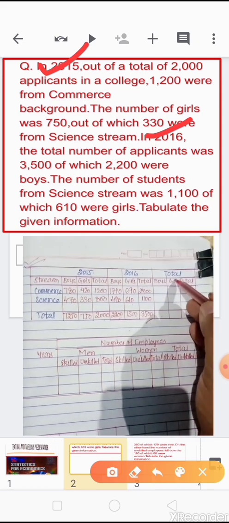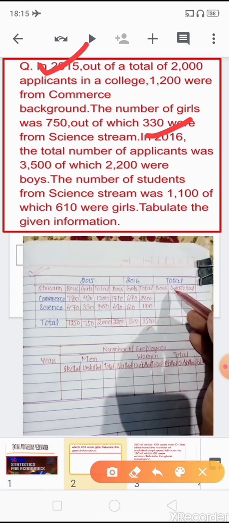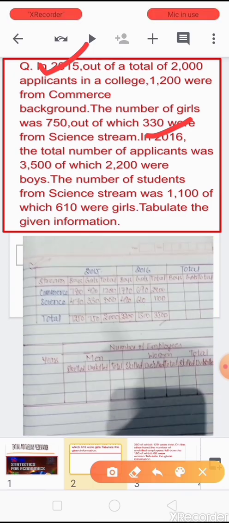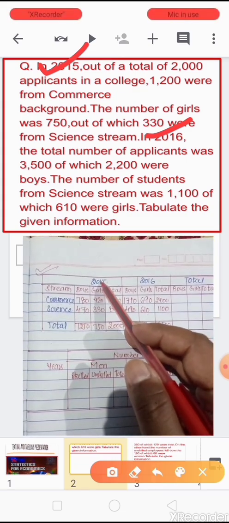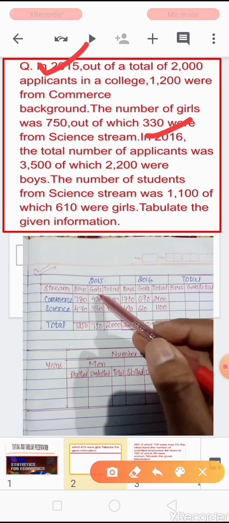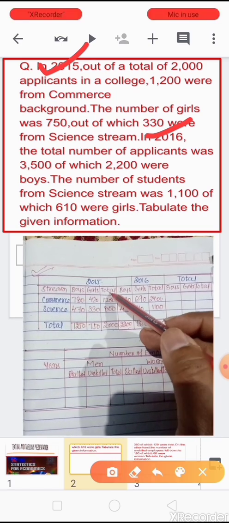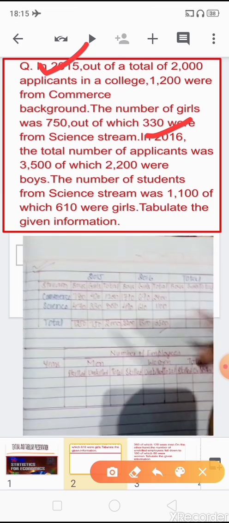So if we want to find out the total, children, as this is basically an example of a manifold table, where more than 3 characteristics are shown: the year with the total number of students, then the classification into boys and girls, then whether they are studying commerce or science.